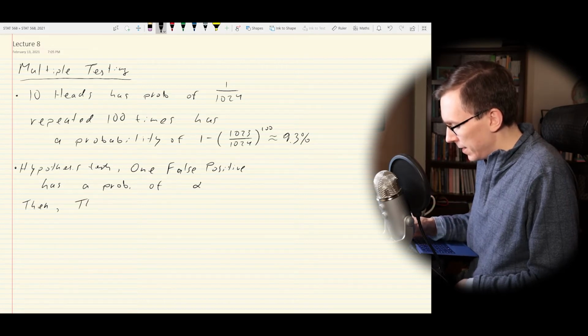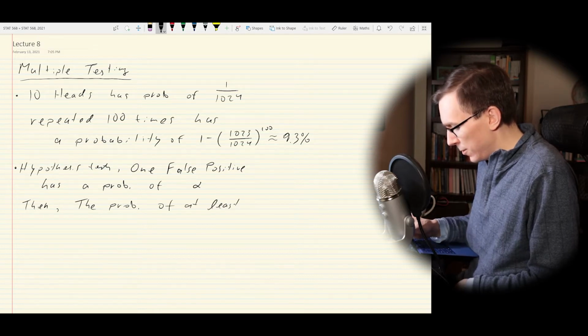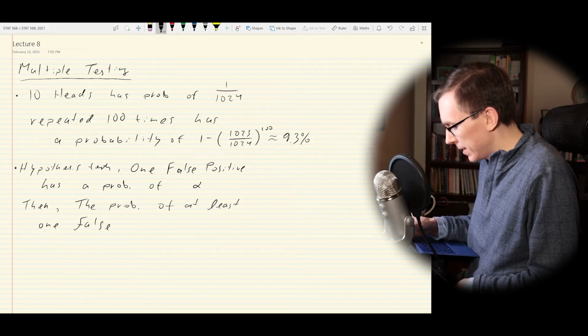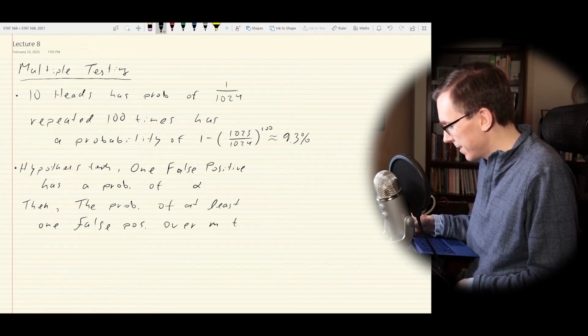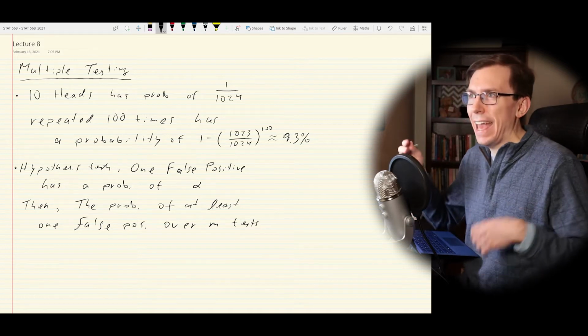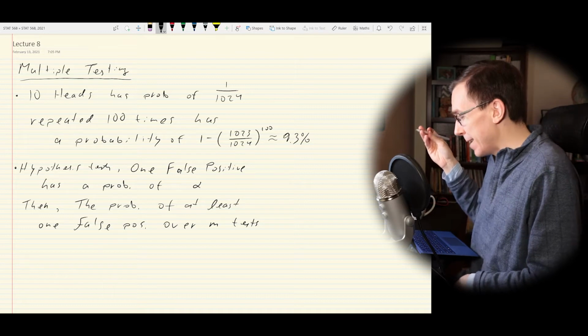Then the probability of at least 1 false positive over, we'll say M tests. So in this section, M is going to be the number of hypothesis tests that we're performing.